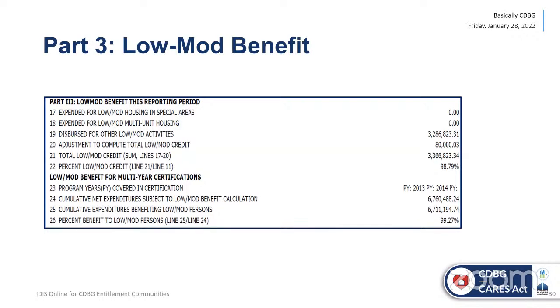So if in the end your percent of benefit to low mod persons is greater than 70, then you are fine. But if it's below 70, you are not in compliance with overall low mod benefit. But of course, it's subject to your certification period, whether you used 1 year, 2 years, or 3 years. Next slide, please.